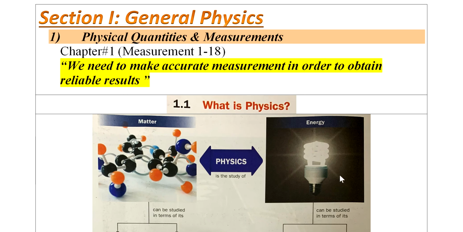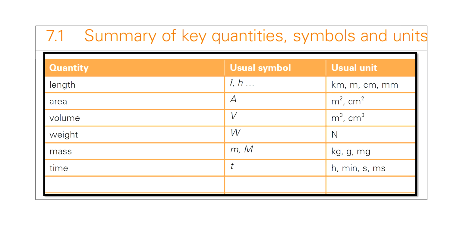Now you are done writing, so we will move to the physical quantities given by the Cambridge, which we need to measure accurately for having a reliable result. I am going to share with you. So students, every one of you will draw this table. Don't write 7.1.